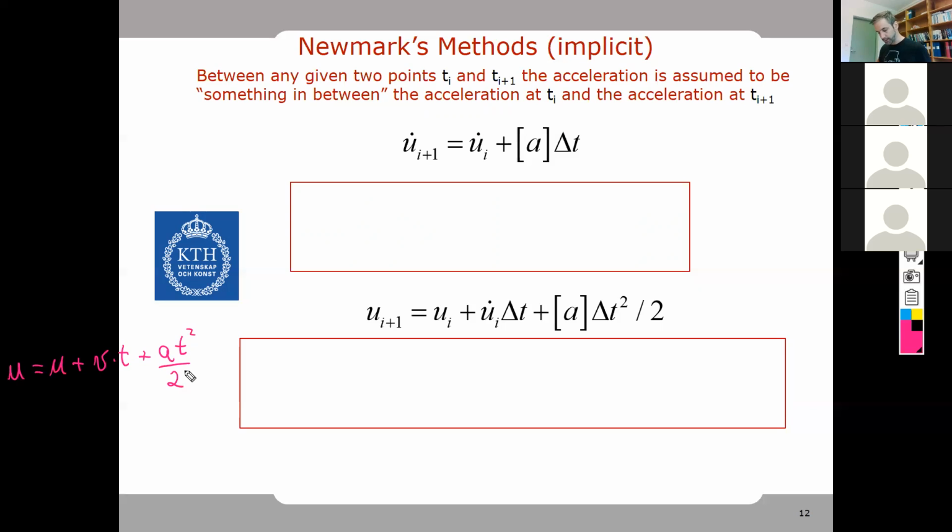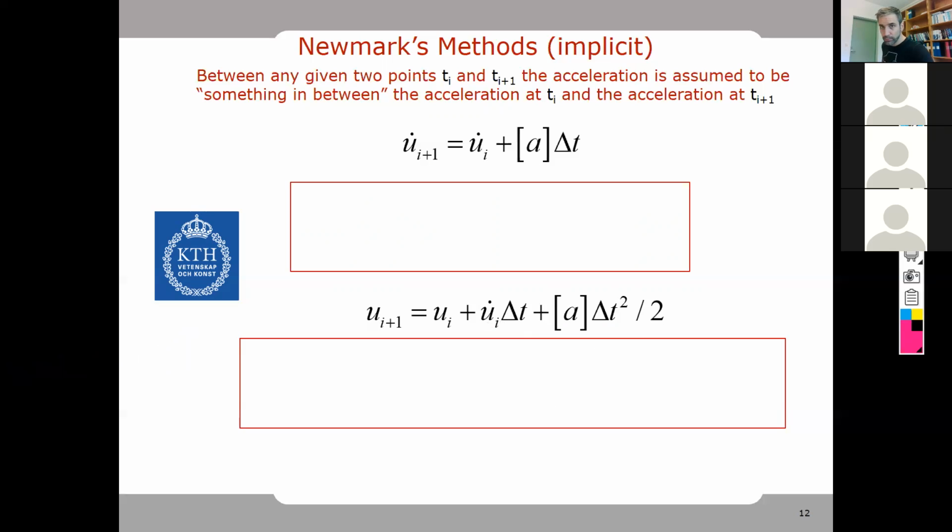I'm forgetting the index here, but you understand. This is high school physics. And again, we see this formula reflected here. The new position will be the old position plus speed times time plus acceleration times time squared divided by 2. They are the same formula.